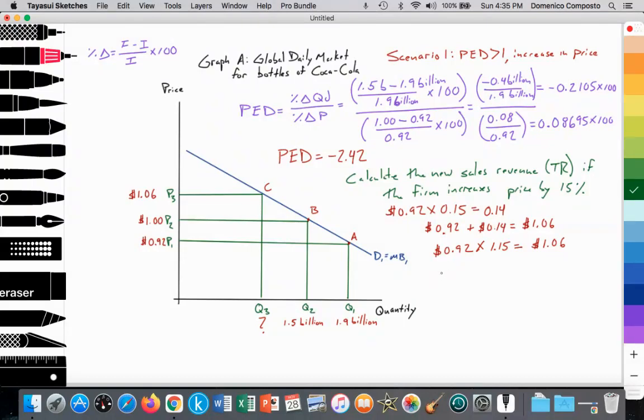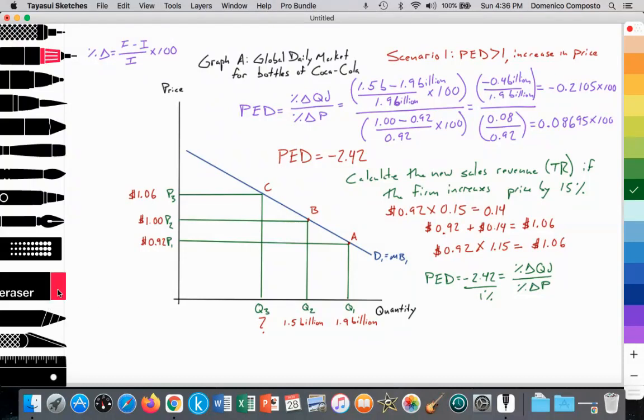So let's continue our calculations. Here we know that PED is negative 2.42, so we're going to have to use that. PED is equal to negative 2.42, which again is equal to the percent change in the quantity demanded over the percent change in price. So every time we increase price, in this case by 1%, we lose 2.42% of our customers.